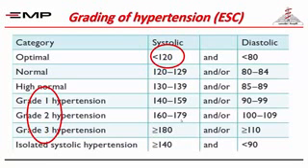Grade 3 hypertension is systolic more than or equal to 180 mm mercury or diastolic blood pressure more than or equal to 110 mm mercury. Isolated systolic hypertension is the presence of normal diastolic blood pressure less than 90 mm mercury and systolic blood pressure more than or equal to 140 mm mercury.